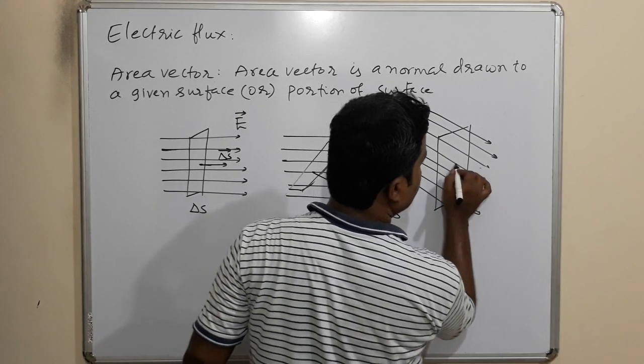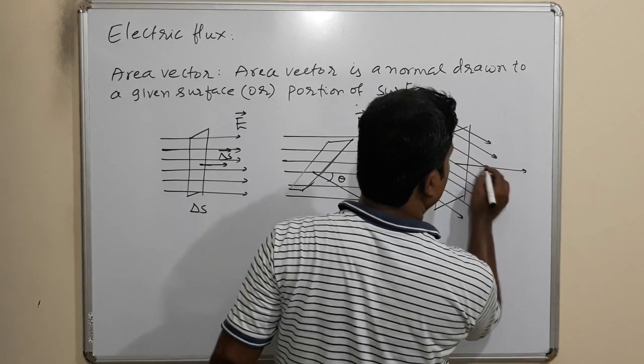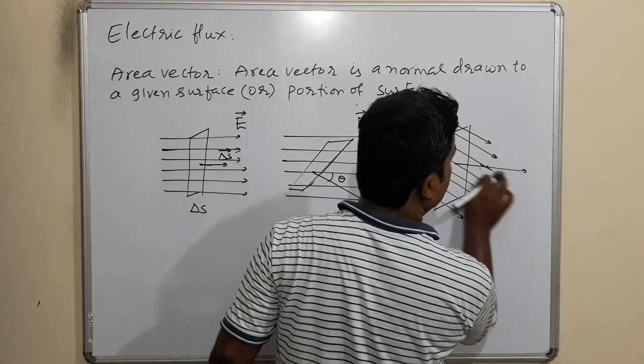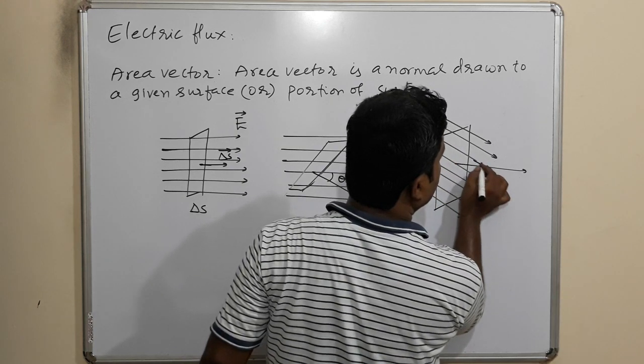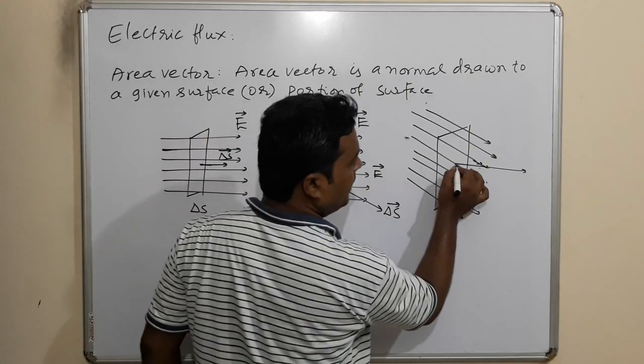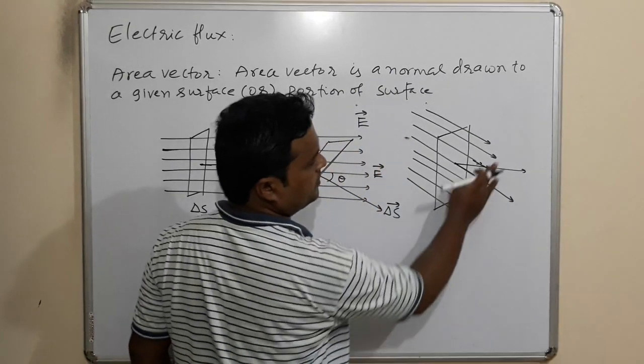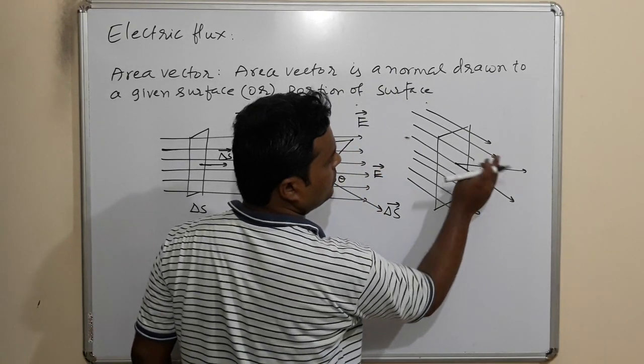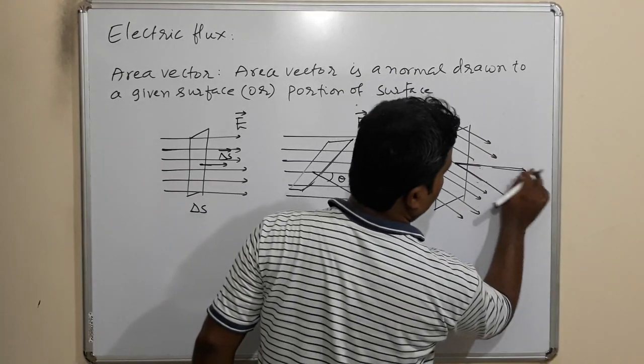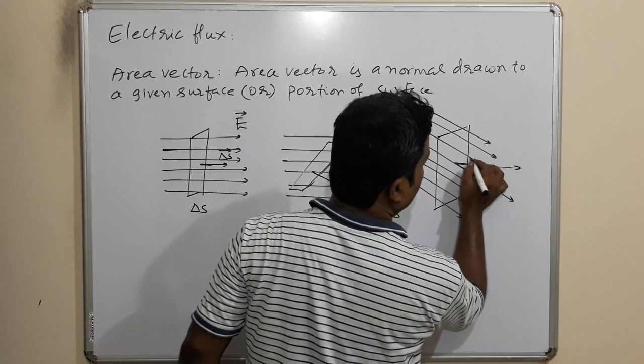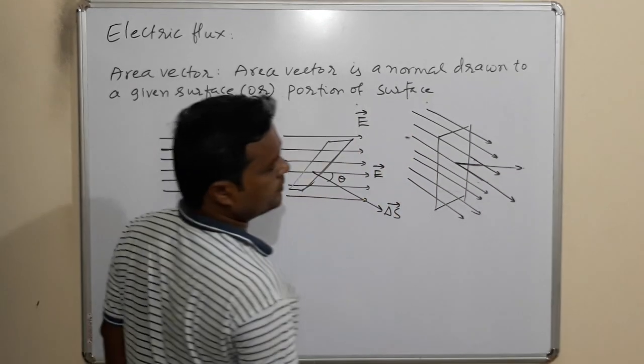Let us suppose this is the line drawn perpendicular like this. This is the electric field line and this is the electric field. This is the area vector and this is the electric field.